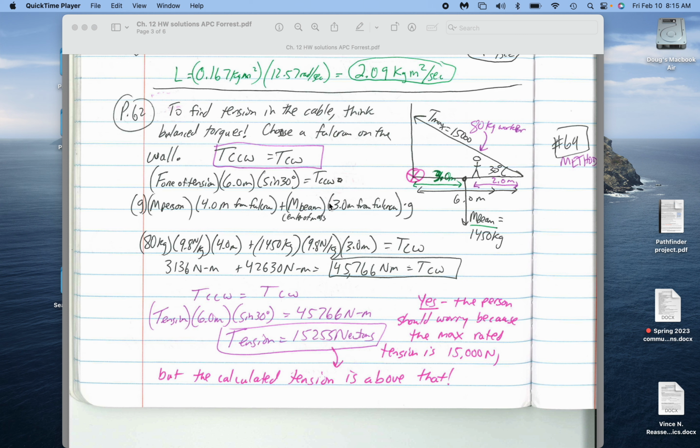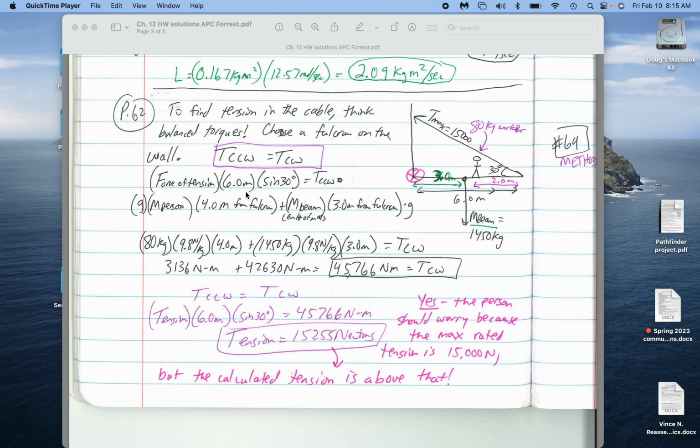For number 62, this is actually a good problem. It's similar to one that I had in class. And what that means is we're trying to find the tension in this cable, and the torque clockwise would equal the torque counterclockwise for this, so this is a torque problem.